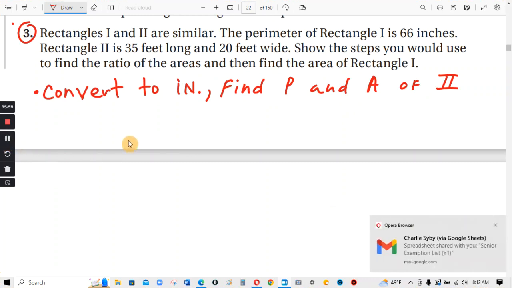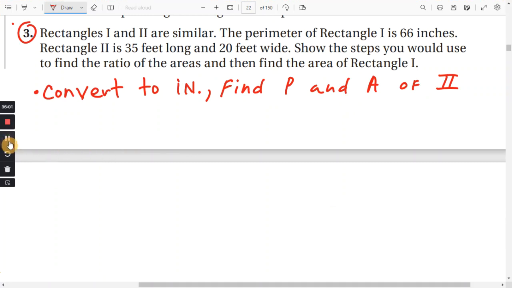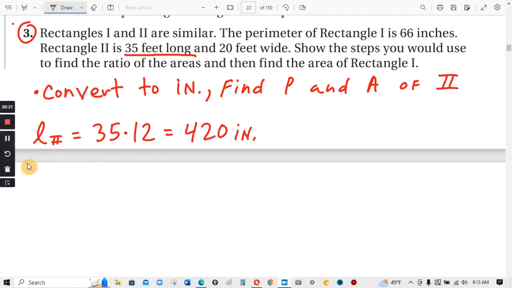All right, so let's see. So for rectangle 2, they said 35 feet long. All right, so the length on rectangle 2, that's just going to be 35 feet times 12 inches per foot. And that equals 420 inches.